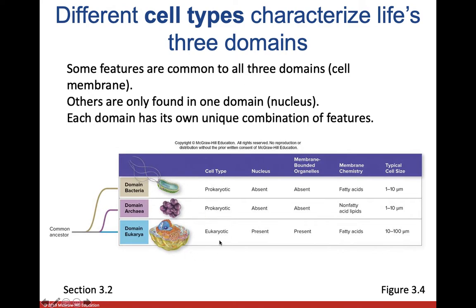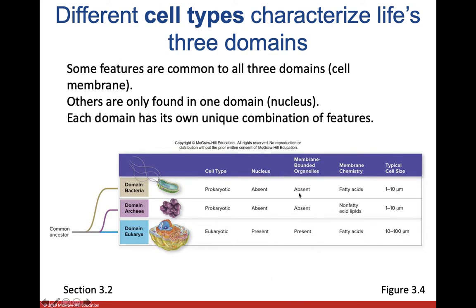And you see these terms here. Eukaryotic, karyotic means nucleus or DNA. The word eu means true in Greek, so true nucleus. Pro means pre, so pre-nucleus. They don't have one. So prokaryotic cells lack a nucleus, whereas eukaryotic cells have a nucleus. You can see that here, and that's a big deal.